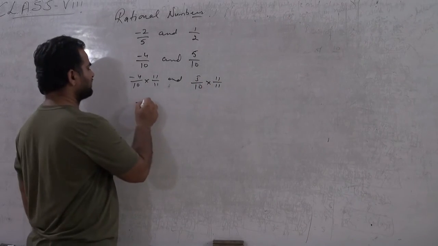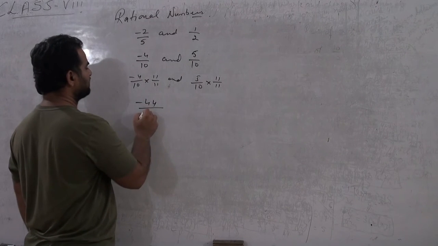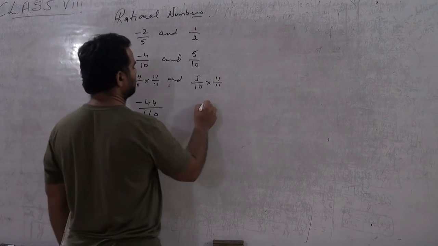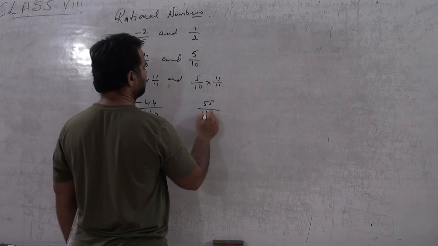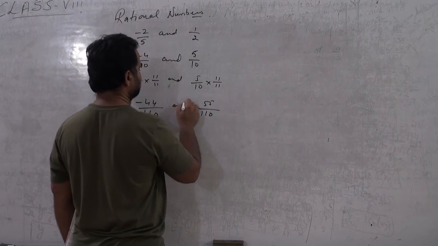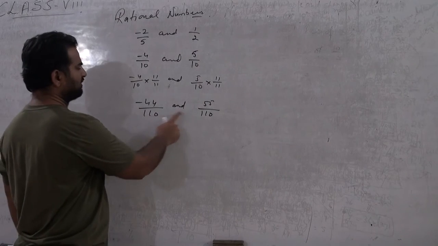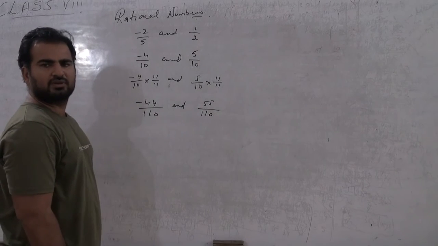So it will be minus 44 upon 110 and 55 upon 110. Can we find 10 rational numbers between them? Yes.